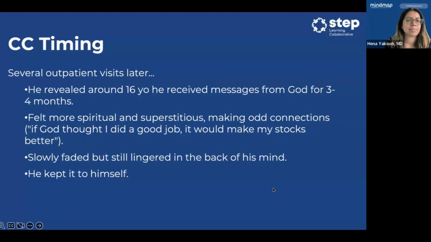All right. So taking it away back to our clinical case. After he was discharged, several outpatient visits later, he ends up revealing that when he was around 16, he recalled receiving messages from God for a period of about 3 to 4 months, during which time he also remembered feeling more spiritual than usual and also more superstitious, making odd connections between things, saying things like, if God thought I did a good job, it would make my stocks better, doing other odd things like picking up a lot of lucky pennies.